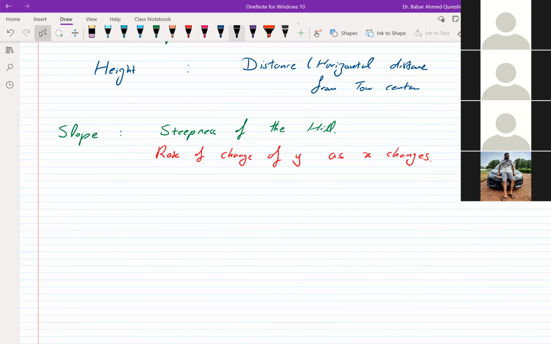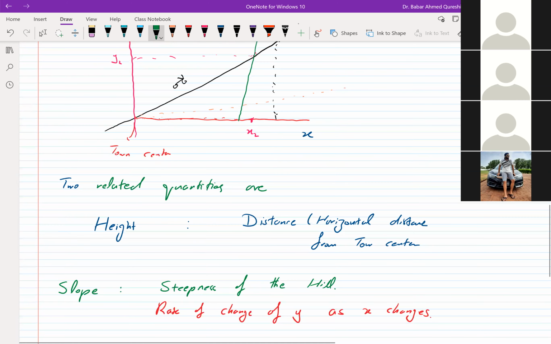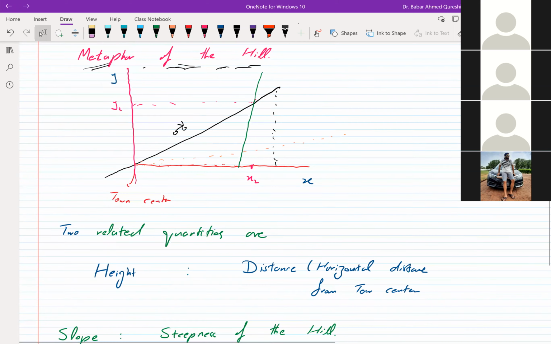Now, how can you calculate this slope? How can you give it a quantitative measure? First of all, notice that if you were on this point over here, there's no way for you to tell if you were climbing the green hill or the black hill.